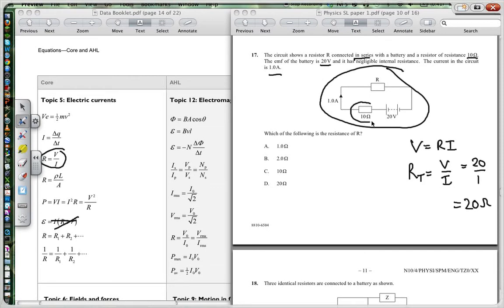So this is 10 ohms, so therefore this also must be 10 ohms, because they are in series. This is our series formula. You just add the resistances, so you add the two together, so this must be the correct answer there.